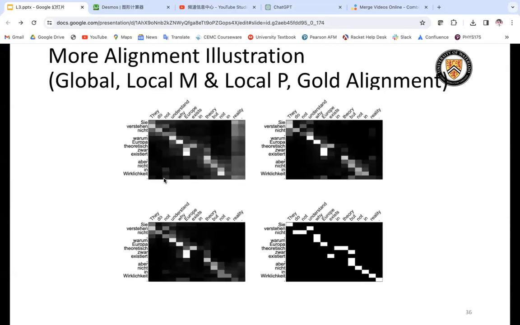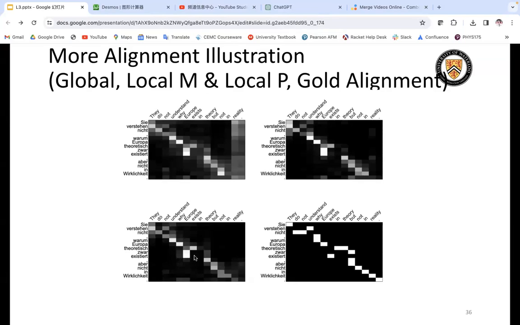Now let's look at more examples of global attention, local M and local P. For example, the first one is the global attention, which you can see has many spots that are not black. For the local M, or monotonic, attention, we can see that there are fewer boxes that are bright because we only attend to a small window.